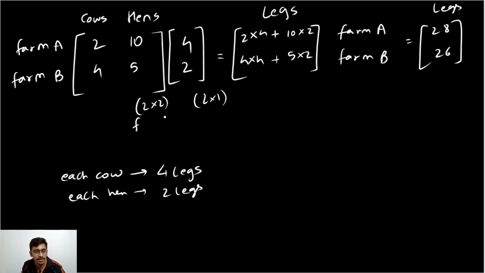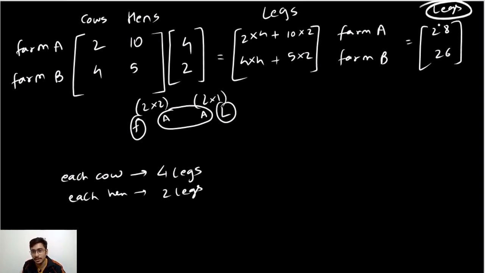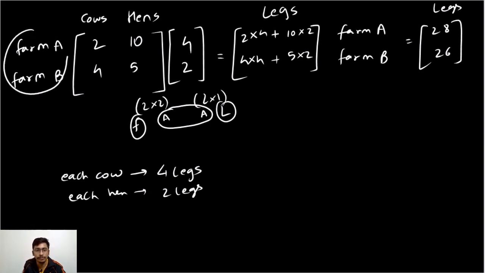The 2 columns represent animals. And in the second matrix, the 2 rows represent animals, cows and hens, and the column represents legs. So when you multiply these matrices, the animals get multiplied, and what you're left with is farms and legs. You get the rows of farms and the columns of legs, correct?